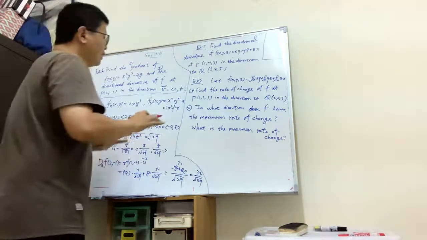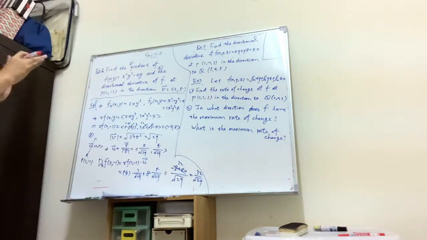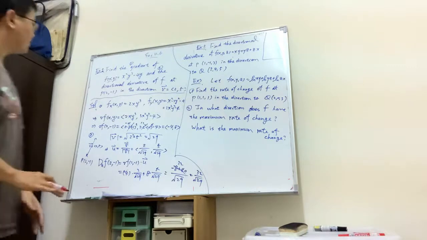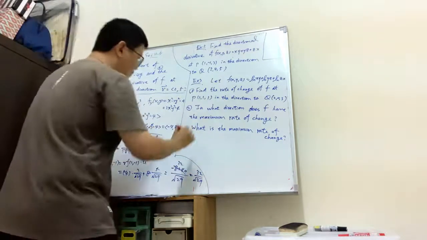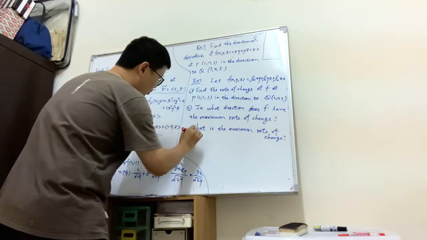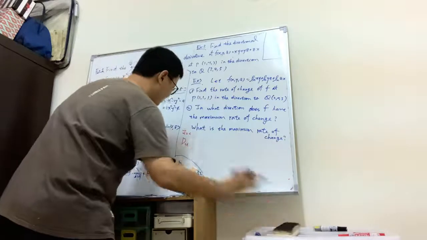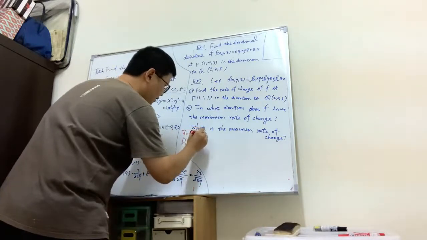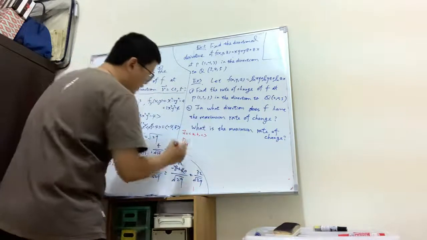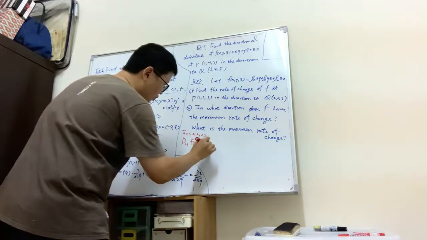But even for three or more variables, we can define it the same way. I mean, we still have the directional derivative. We have a unit vector u = (a, b, c), which means its length is 1.